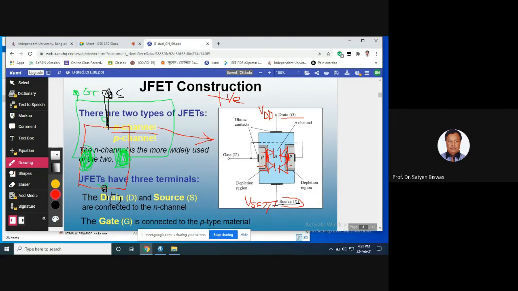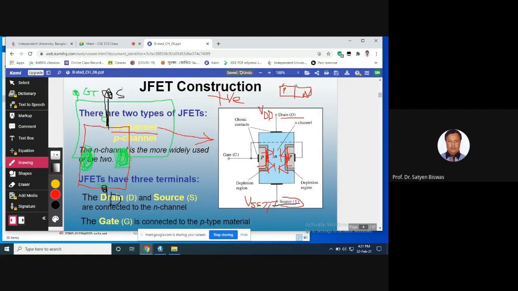So now what will happen? Let's say we do not apply any voltage anywhere. What happens to a PN junction? Last class I explained. Let's say this is a PN junction, this is P and this is N. What happens if we do not apply any voltage?